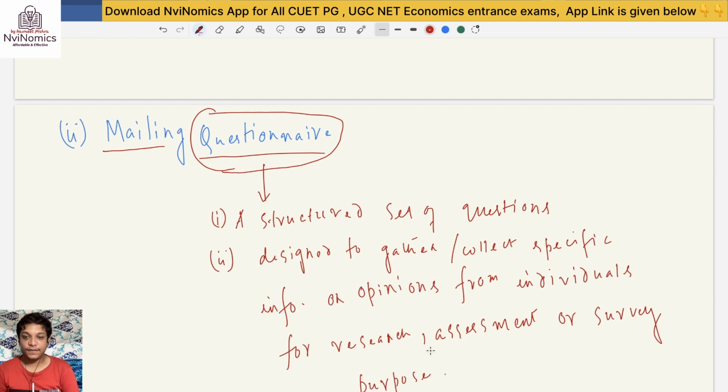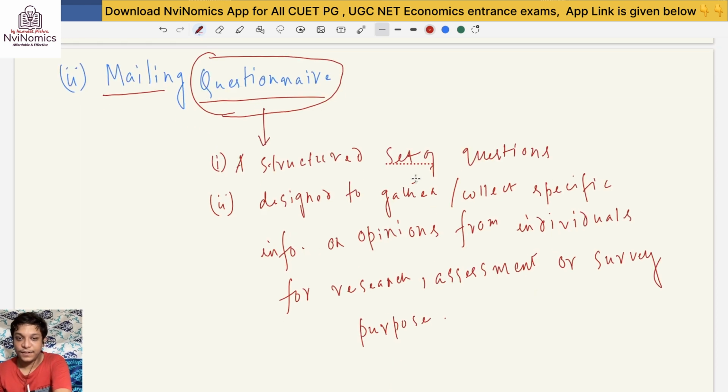I guess this definition is very much self-explanatory. If you guys have any question regarding this particular definition, you can ask. Is this definition making any sense to you? This is the definition of a questionnaire.